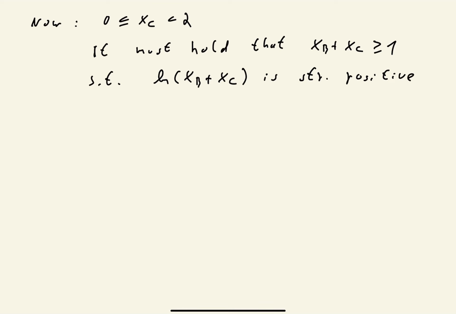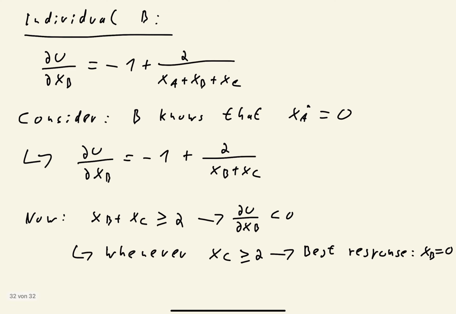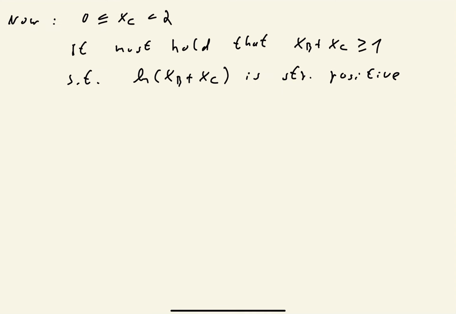If the sum would be smaller than 1, then the log would be negative, and hence individual B would always be better off by choosing an amount 0. But as you can see here, if xc is smaller than 2, so for some range of the parameters, we can actually make sure that the sum is weakly larger than 1. So let me just check one thing real quick. Yes, okay. Good, so this is strictly positive.